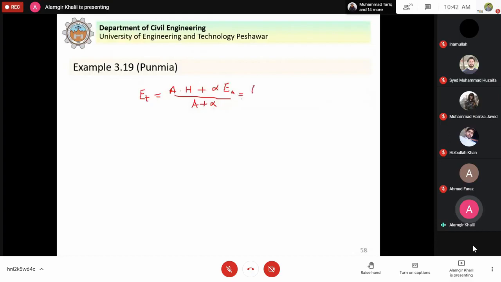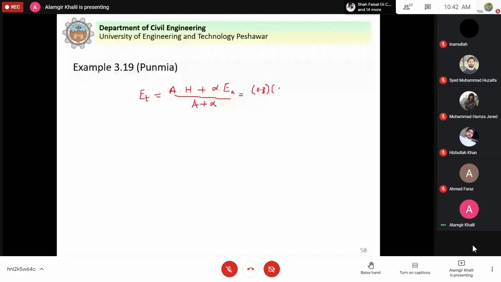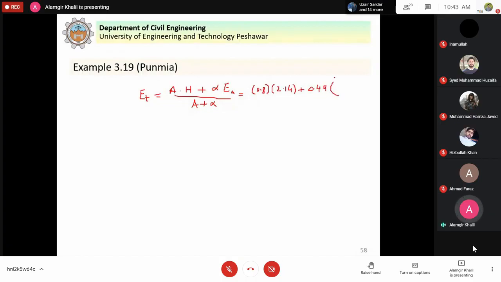This is 0.8 into H, that is 2.14, plus alpha, that is 0.49, into EA 2.59, divided by A, that is 0.8, plus alpha, that is 0.49.